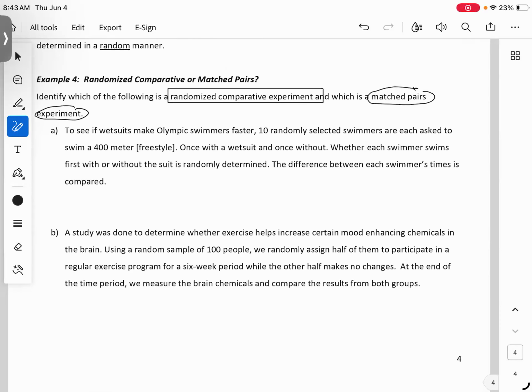Which one seems to be just group A getting the special stuff and B not, and which one is where everyone gets a chance to try the special something with and then without it. Again, feel free to pause the video if you need, to make sure you have enough time to think through this one. I'm just going to go about 5 more seconds, but pause if you need to.